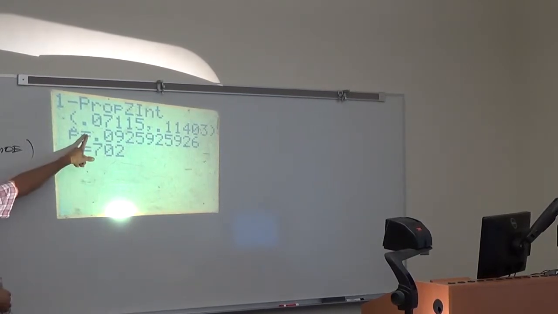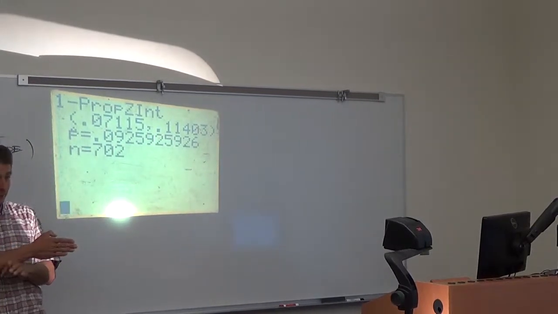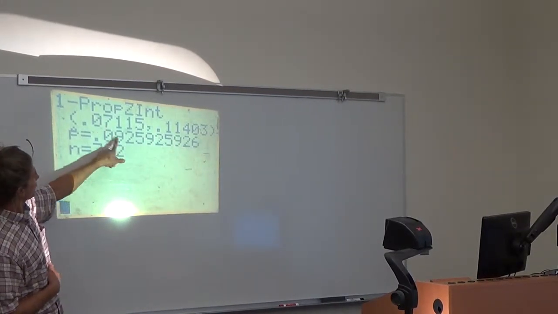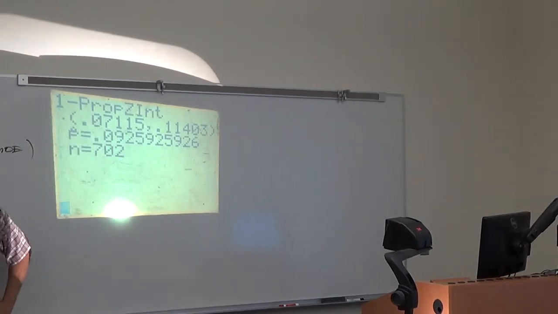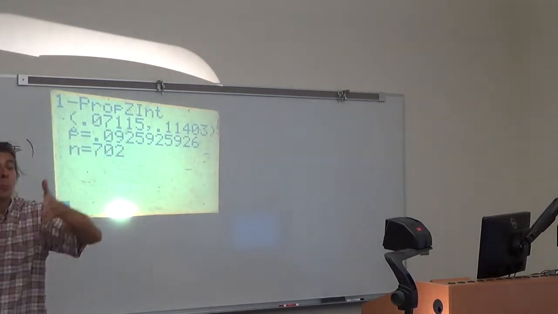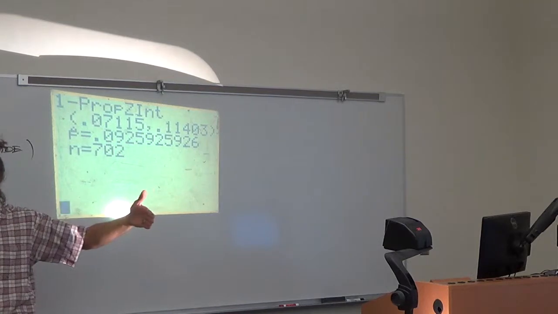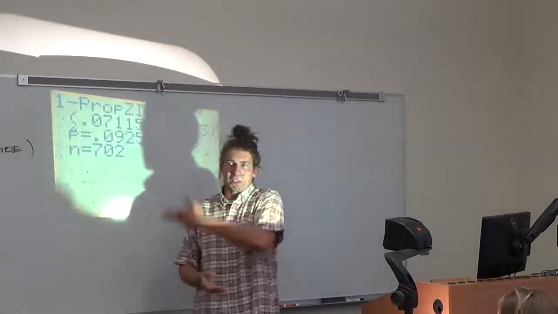Conversely, the distance between p hat and the upper end has to be the margin of error because it's plus or minus. So 9.3 minus 7.1 is going to tell you how big the margin of error is. So it's about 2.2%. The whole interval is about 4.4%, but that's 2 margins of error, one down, one up. So about 2.2%-ish. If you need more precision, let the machine do it for you.